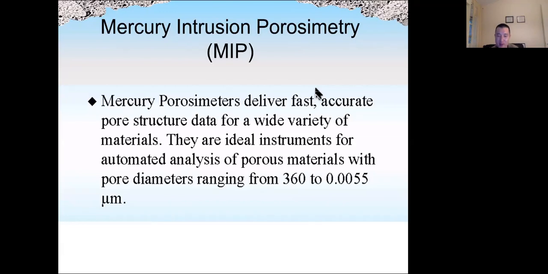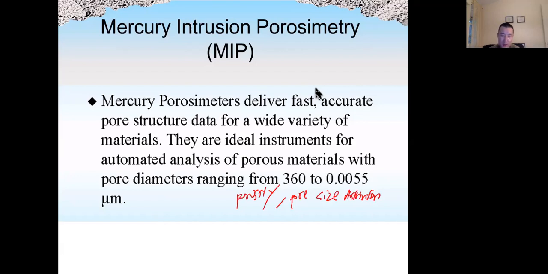We can use this method to give an estimation of the porosity of the material, and even the pore size distribution, the size of the pores versus the percentage of different sizes of pores. So we call that pore size distribution. And even the surface area of the samples.